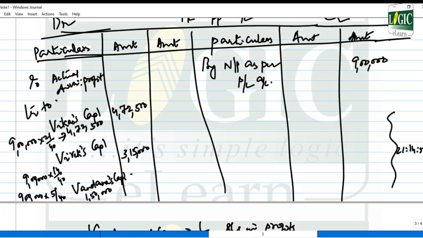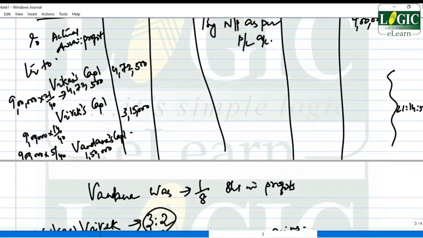Now 9 lakh into 5 by 40 comes around 1,12,500. Okay, now what is the situation?